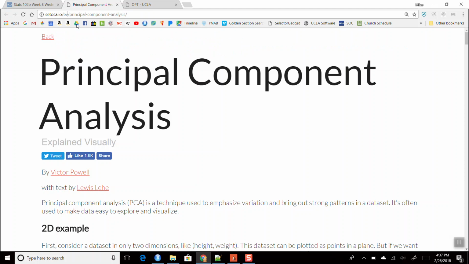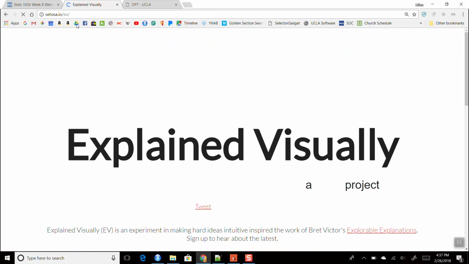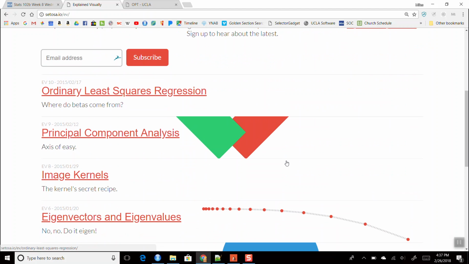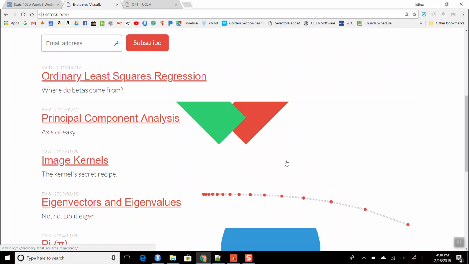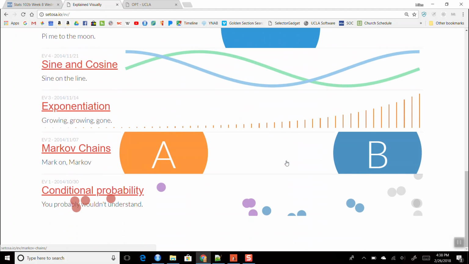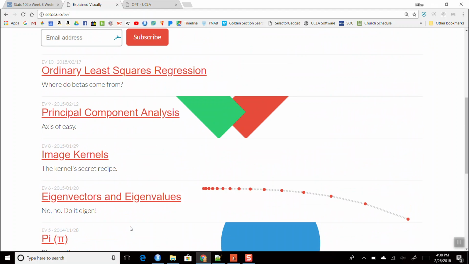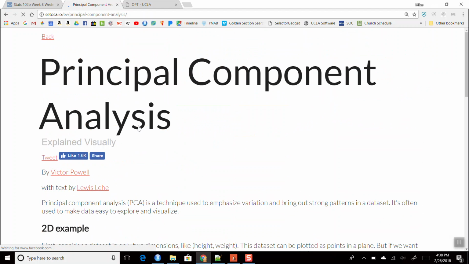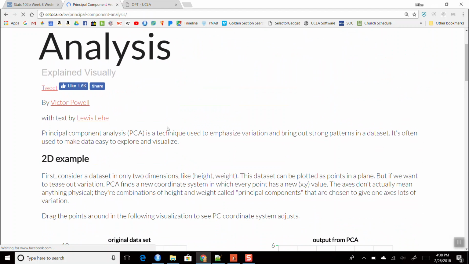Setosa.io, and then if you go to EV/EV, it's called Explained Visually, and they have a bunch of cool stuff, but they haven't updated it in a few years, not since 2015. Some of these are very cool, and we'll take a look at principal components analysis. Okay.